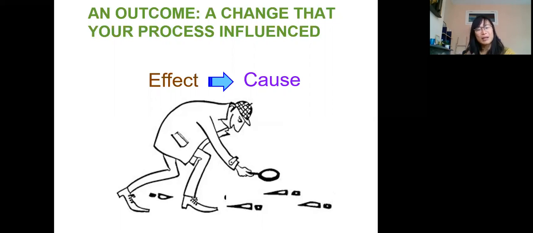And then based on that, we're going back to see how plausible is it that our project contributed to it. So what is essential here is how plausible is the link between the project activities, which is the cause, and the effect, which is the change.